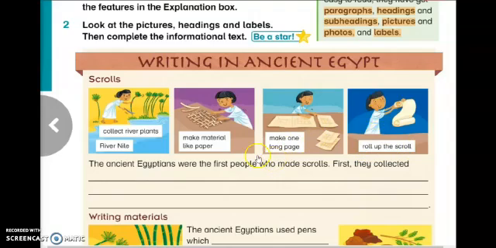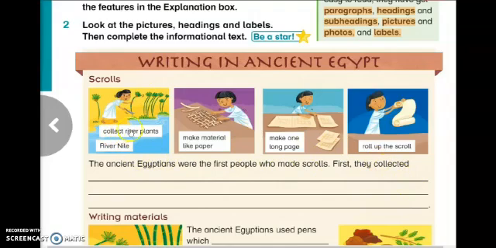Now we have to use the previous labels to complete this paragraph about writing in ancient Egypt. First of all, this is the subheading which is scrolls. The ancient Egyptians were the first people who made scrolls. First, they collected. Look at the first one. We have to use the first label.